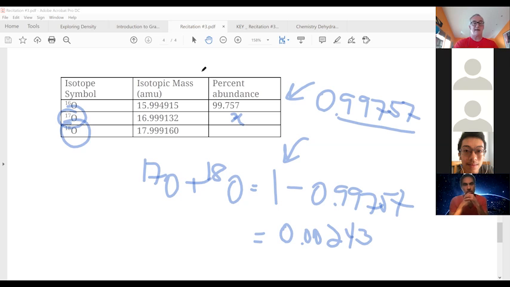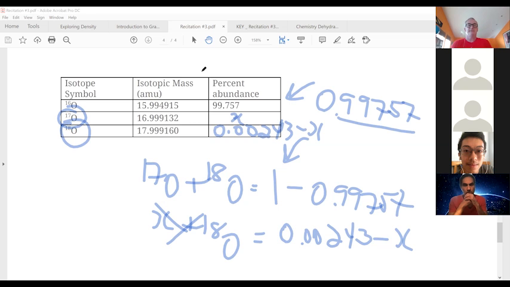Now one of them is already X. We've already said that X is the abundance of 17. And so the abundance of 18 is 0.00243 minus X. Solve for X. Now we'll be posting the actual answers for these in a couple days.